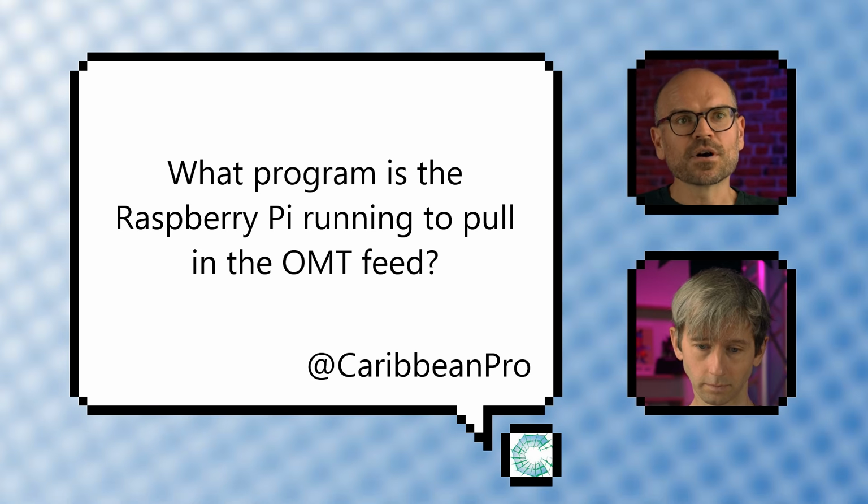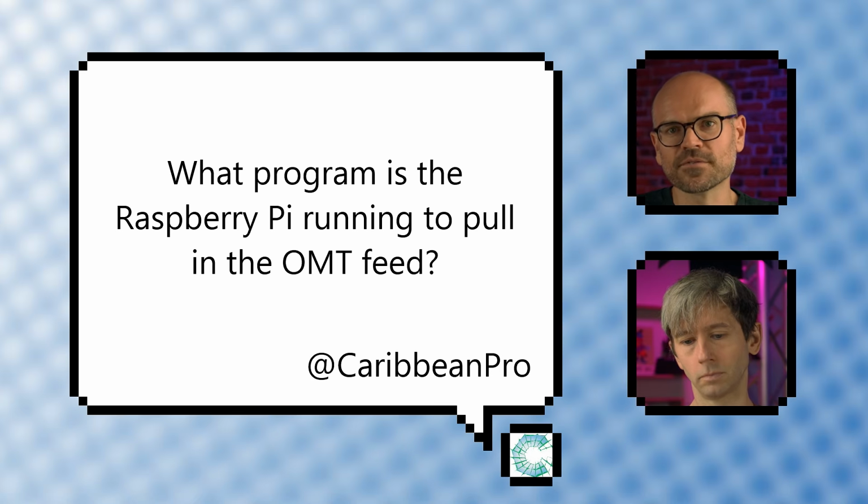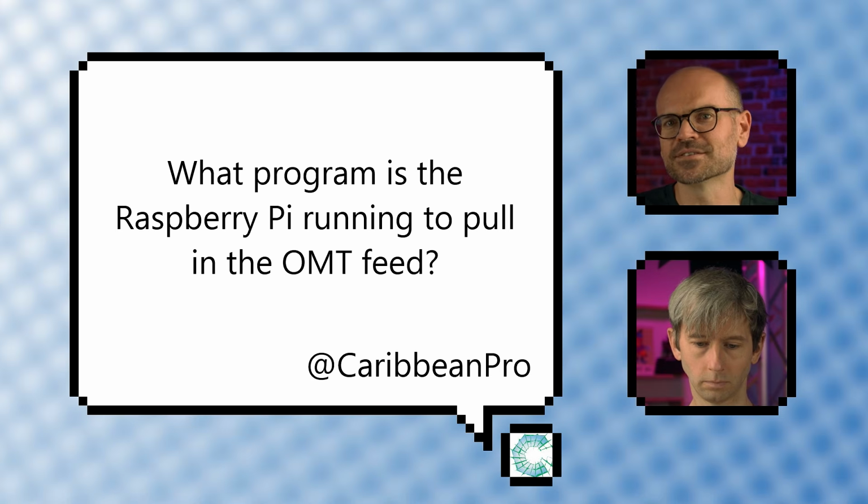What program is the Raspberry Pi running to pull in the OMT feed? The Raspberry Pi is just running Raspberry Pi OS, which is their native operating system. If you go to the GitHub for OMT, all I did was log into the Raspberry Pi from my desktop computer using a program called Putty. We're in Linux world now, so get used to some really strange product names like Putty and cheese and wine and you name it.